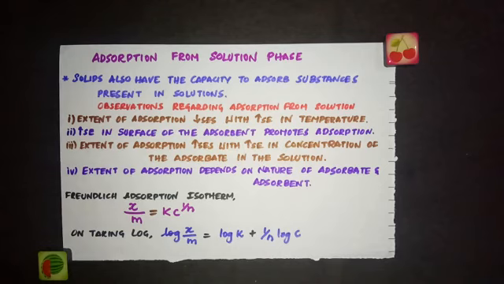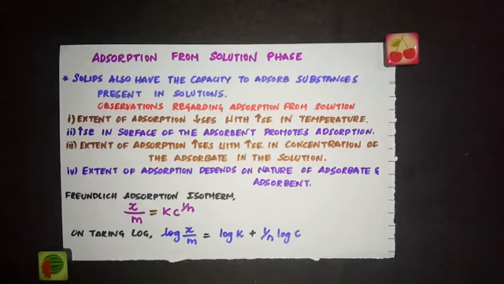And this graph also we call as isotherm, because here also you are keeping the temperature constant, but what is varied? Concentration is varied. In the case of gases, we kept the temperature constant, and we recorded the extent of adsorption in terms of pressure. Here we are measuring in terms of concentration. So this is all about adsorption isotherms.